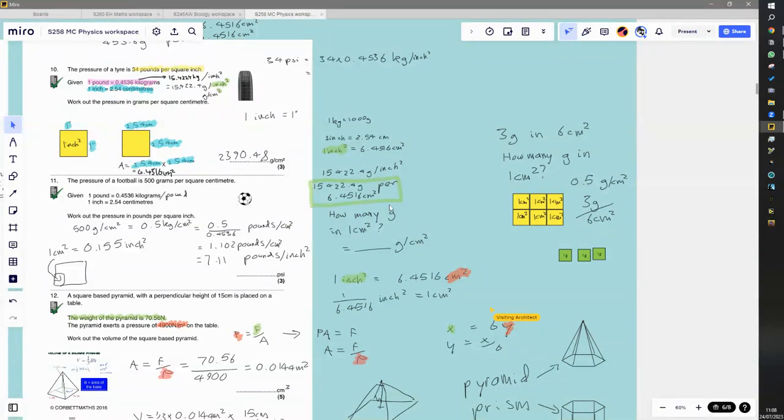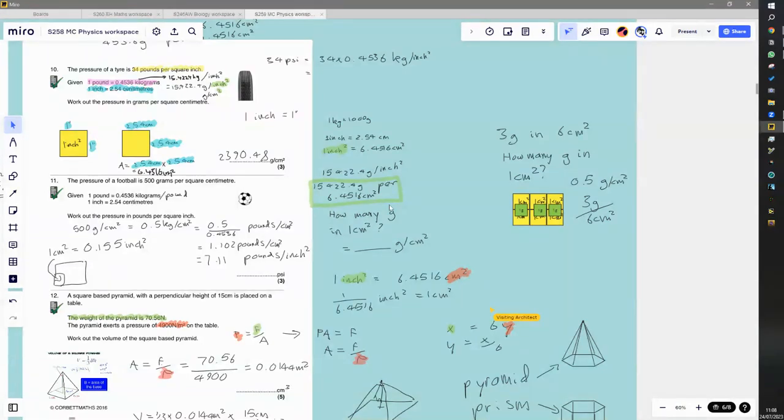We were able to see that it's 0.5 grams per centimeter squared, because this represents the 6 centimeters squared, and these are the 3 grams, then if we started to share it out, we can see we're going to have 1 gram in every 2 centimeters squared, so therefore 0.5 grams in every 1 centimeter squared.